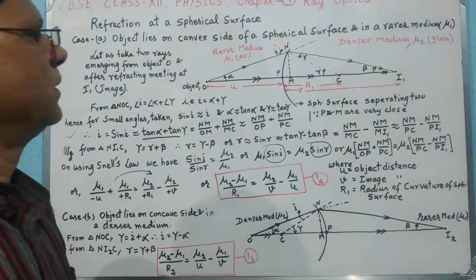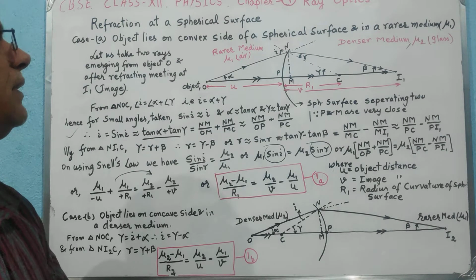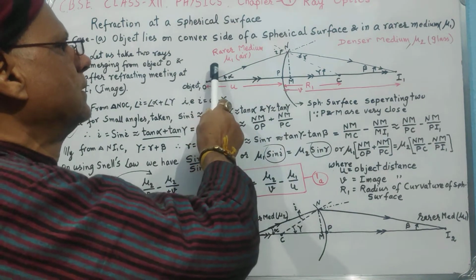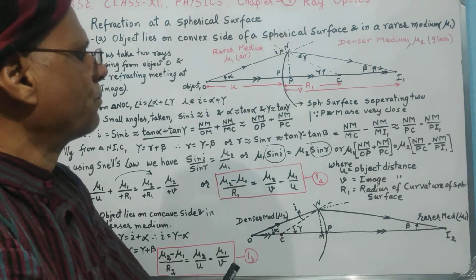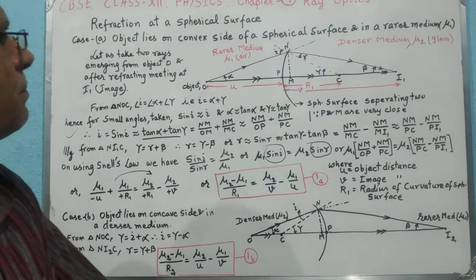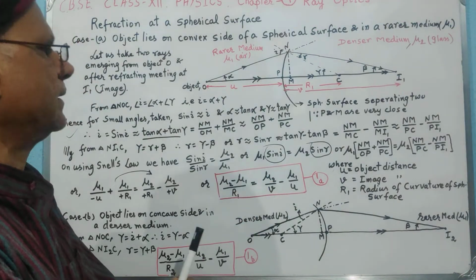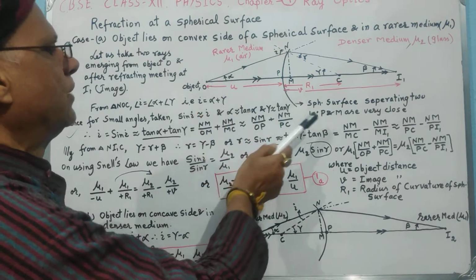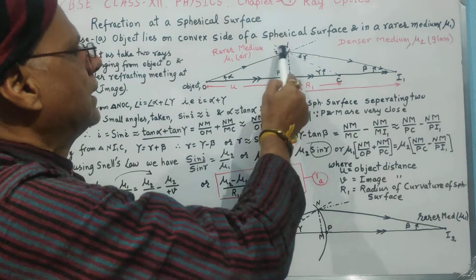dividing it from the denser medium. Now you can find by drawing the figures having a spherical surface concave on the object side, and object kept in a rarer medium, still you will see that this same expression will be derived. It is not going to affect the expression for refraction at a spherical surface if the body lies in the rarer medium, whether the surface is convex on the object side or concave on the object side.